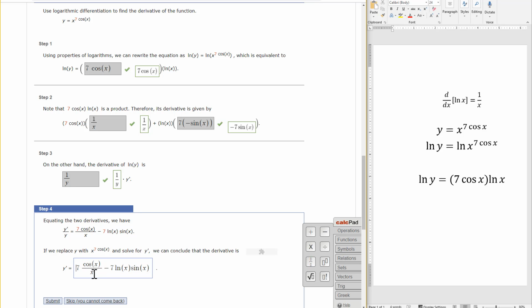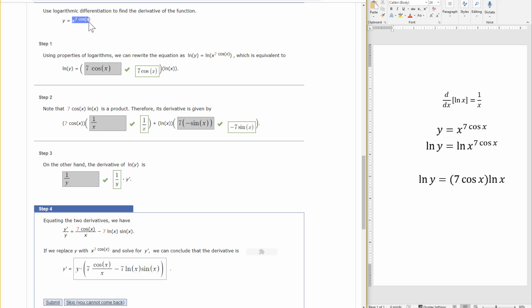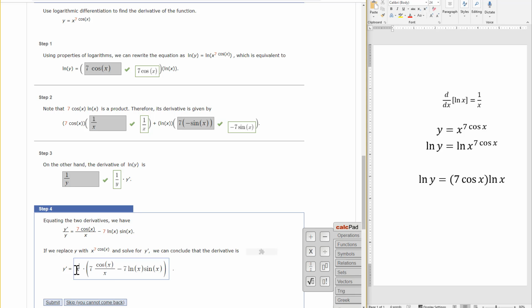So what we're going to do is multiply this side by y. Unfortunately, the y is not in terms of x, but if we look at our original problem, it says y is equal to x raised to the 7 cosine x. So we're just going to replace y with x raised to the 7 times cosine of x.